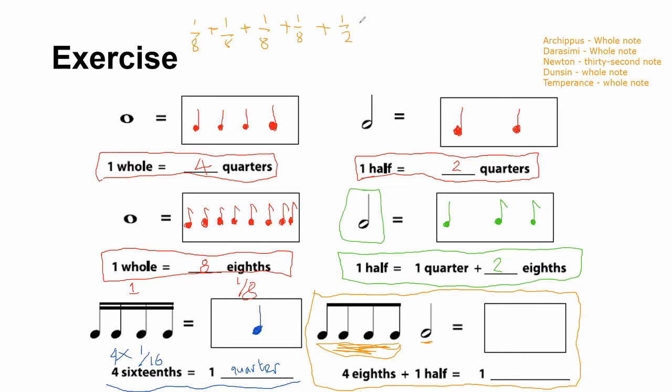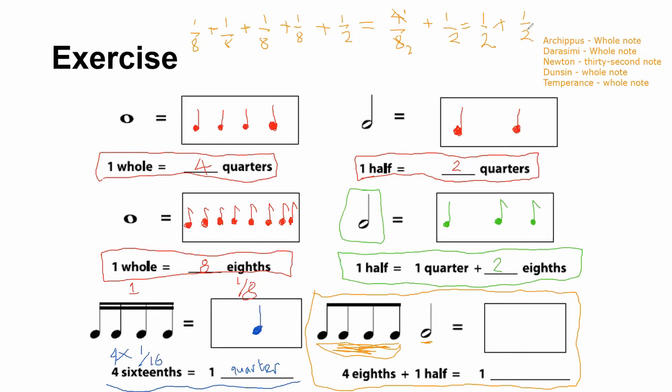But now you need to sum this up and solve it to figure out the answer. So 4 8th notes, another way to write it is 4 multiplied by 1/8. 4 multiplied by 1/8 gives you 4/8 plus a half. We can reduce this 4/8: if you divide 4 by 4, you get 1, and if you divide 8 by 4, you get 2. So you actually end up with a half plus a half.